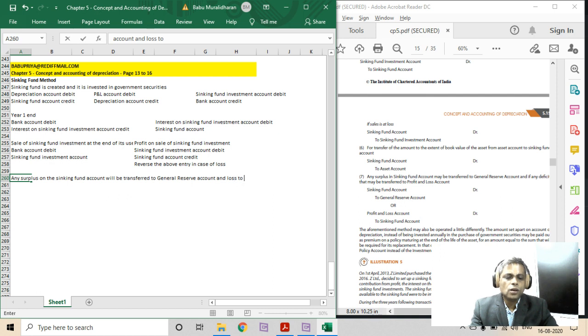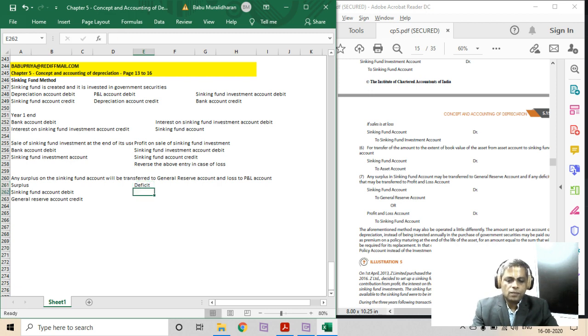In case of surplus, sinking fund account debit to general reserve account, general reserve account credit. In case of deficit, it is P&L account debit to sinking fund account credit. Hope this is clear, right?